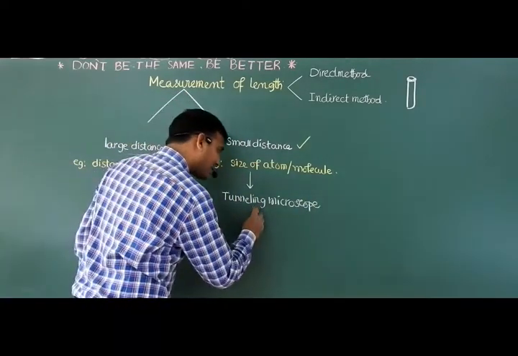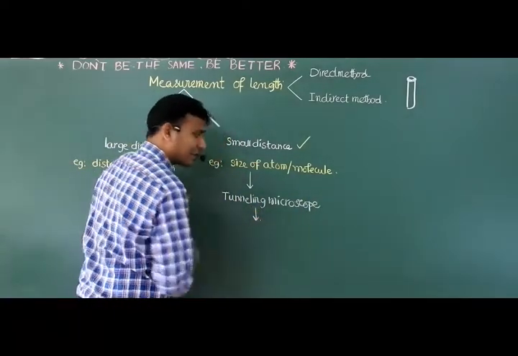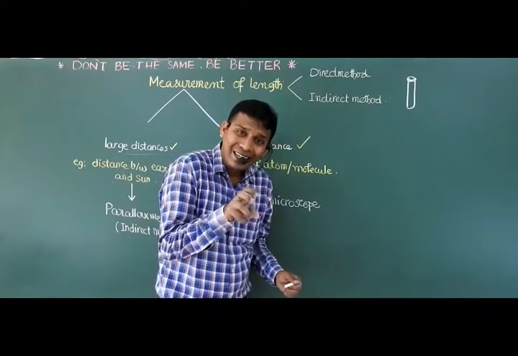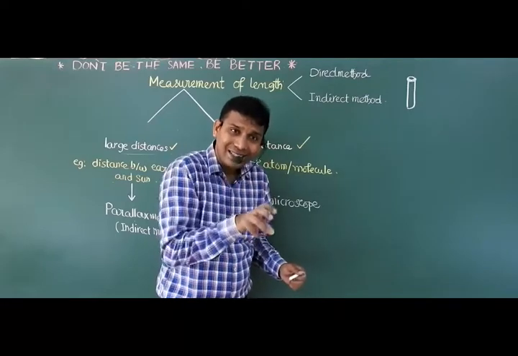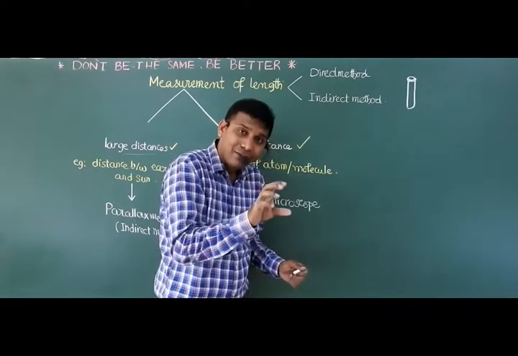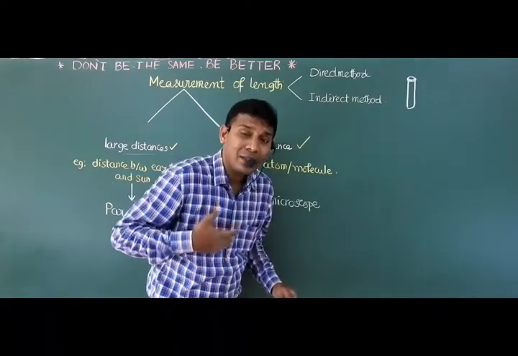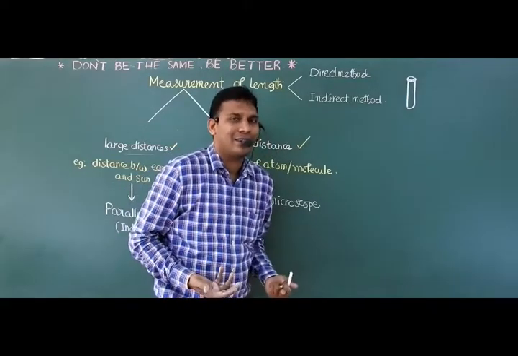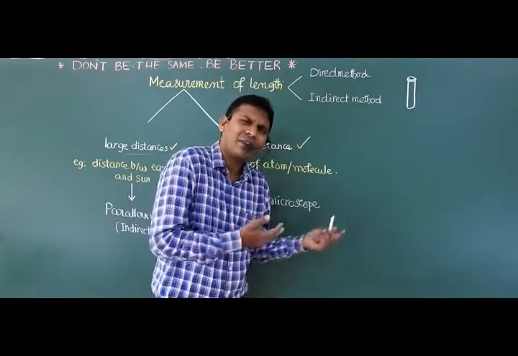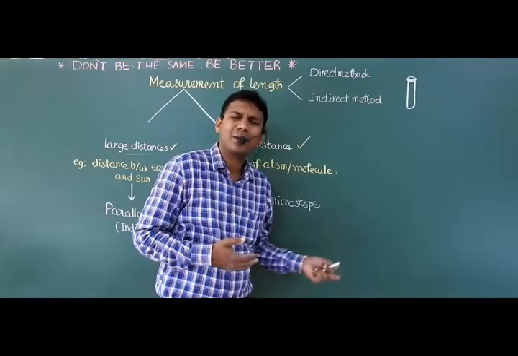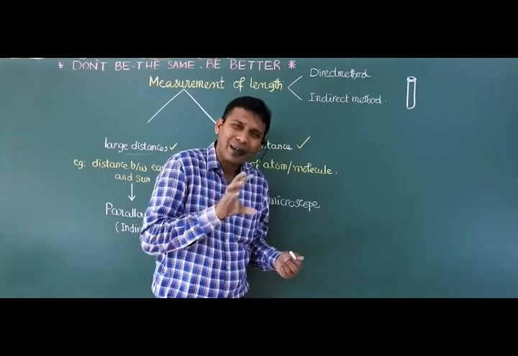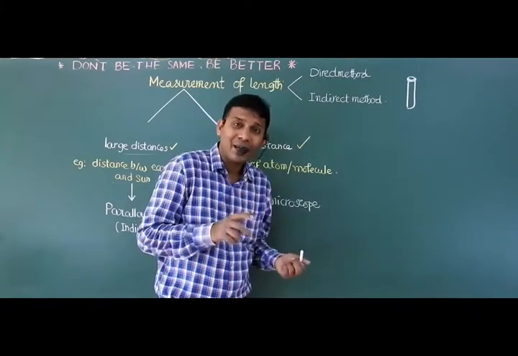Right? With the help of this tunneling microscope, one can easily analyze the size of an atom with high resolution. Okay? Earlier we were using so many microscopes like the optical microscope and electron microscope, but that resolution is not that high.